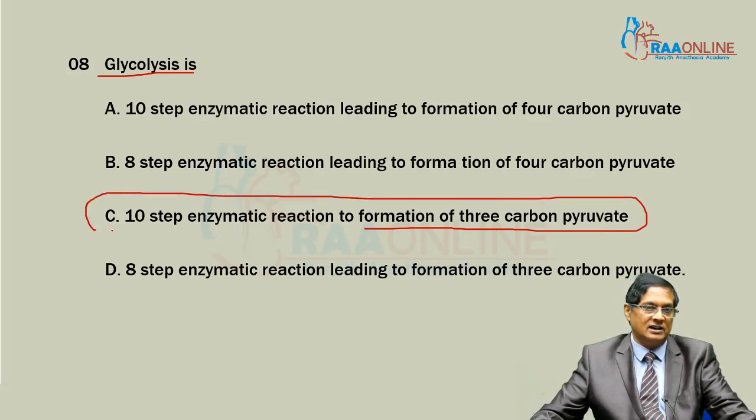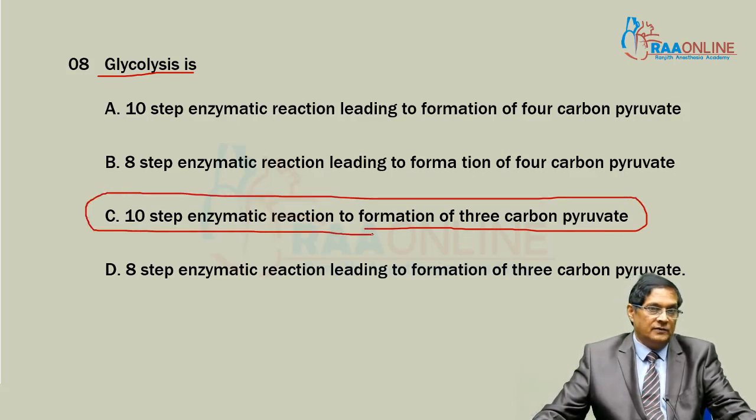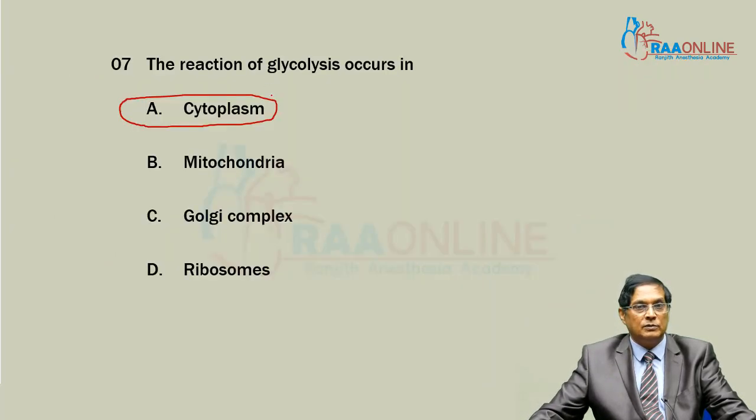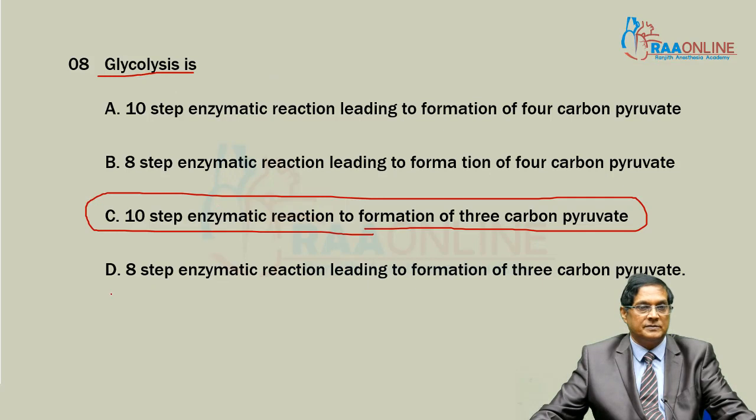This is exactly the answer. But if you learn this pathway spatially, only then are you able to answer such questions. That is, a 10 step enzymatic activity results in the formation of the 3 carbon compound pyruvate.